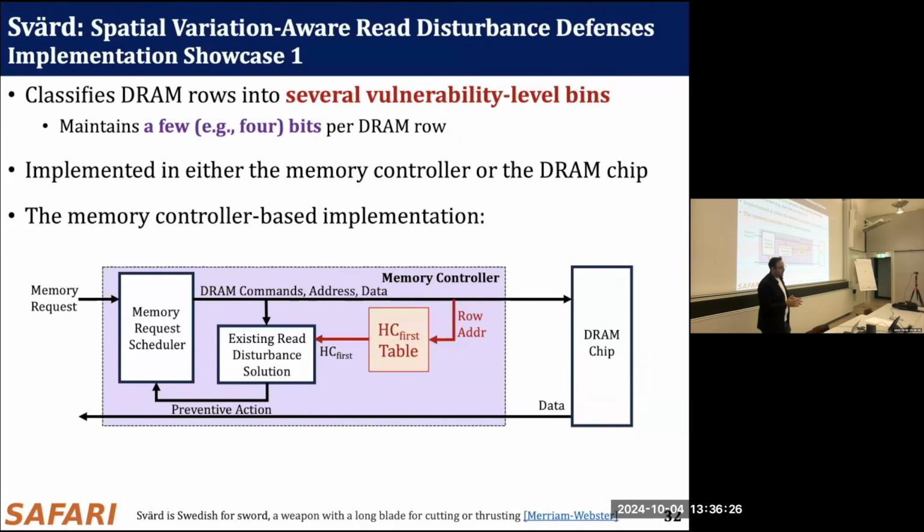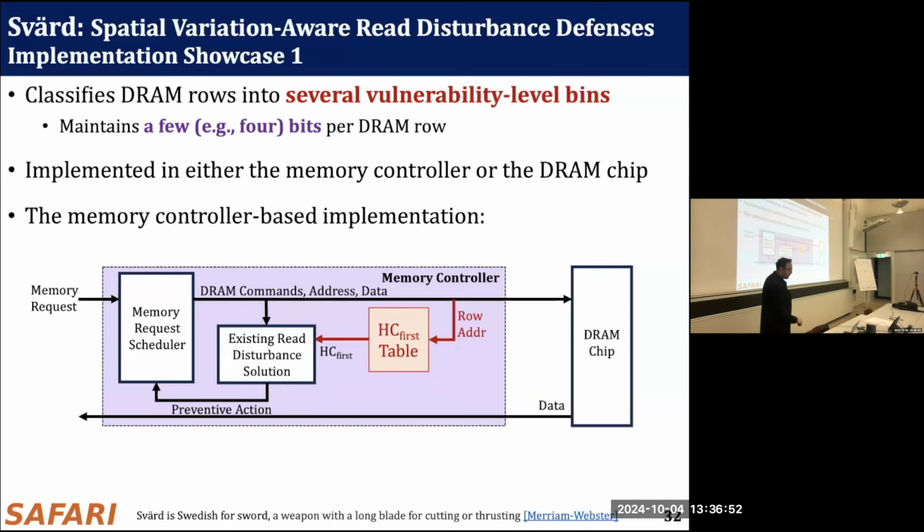The question is, does a DRAM row's read disturbance vulnerability change over time or with data patterns? Yeah. It depends on temperature, as we talked about yesterday. It depends on the data pattern. It depends on some other stuff as well. So there are some sensitivities, and in your profiling, you need to account for them. About time, I will talk about it later, so I'm not going to give the answer yet.